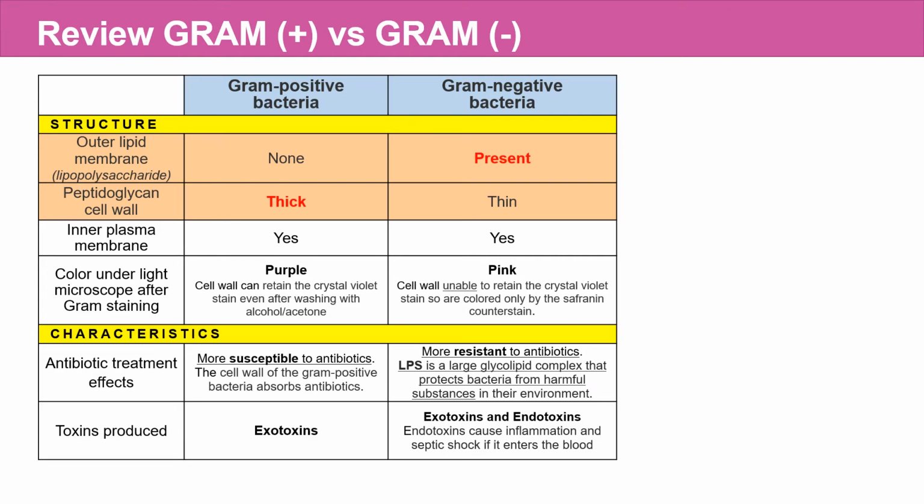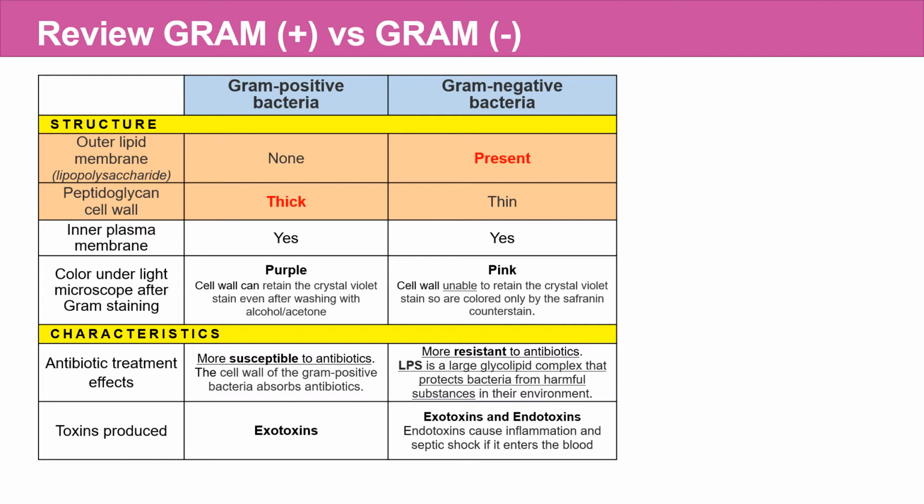As far as characteristics of the bacteria, gram-positives are more susceptible to antibiotics because the cell wall of these bacteria is exposed without that outer lipid membrane, and so it will absorb antibiotics. It does produce exotoxins.